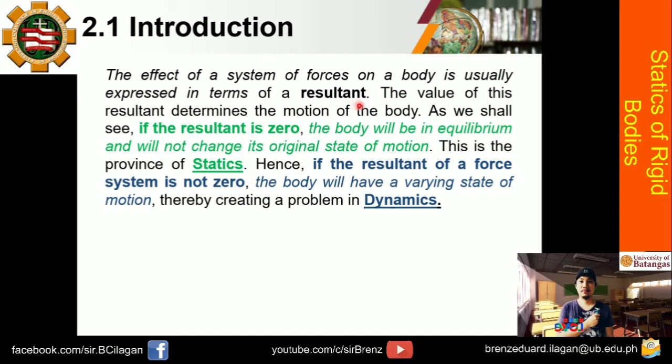So to make the discussion short, that means your many forces, for example, 5, 6, 7, 8, you can represent as a single force. So that is your resultant. So again, all those forces can be combined into just one force called the resultant.